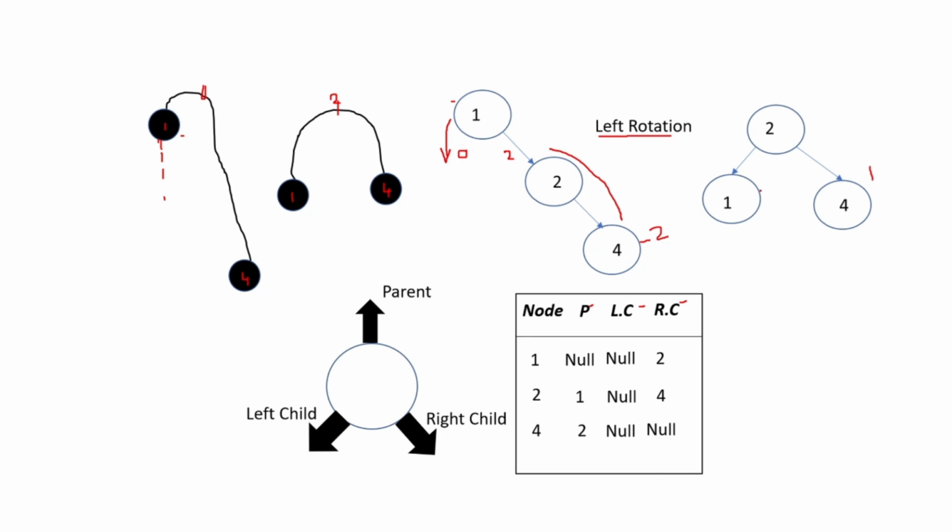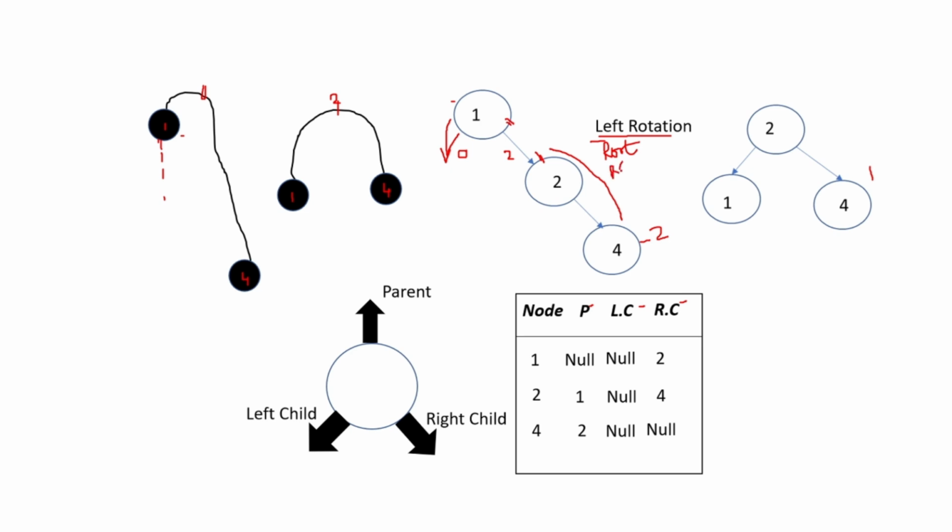Other than that no change has occurred. The change actually occurs between the root node and the immediate left or right child. If it is a left rotation, as in this case, where this is getting pulled down, the changes in pointers will be in the root node and the right child. So in case of left rotation it is root and right child.